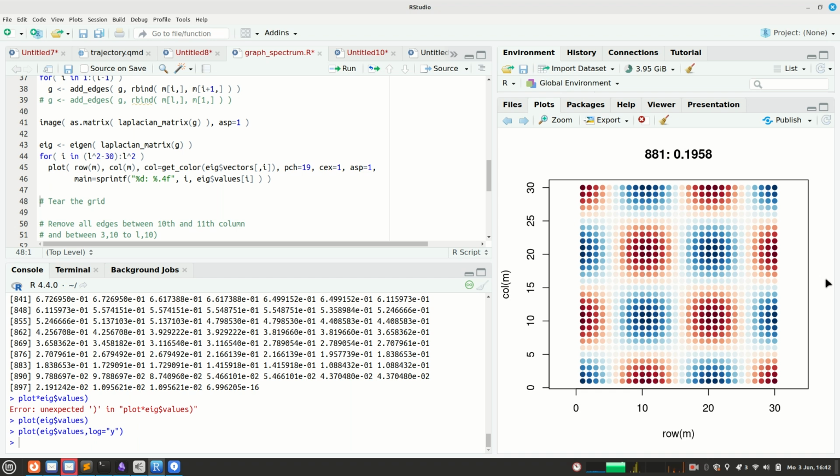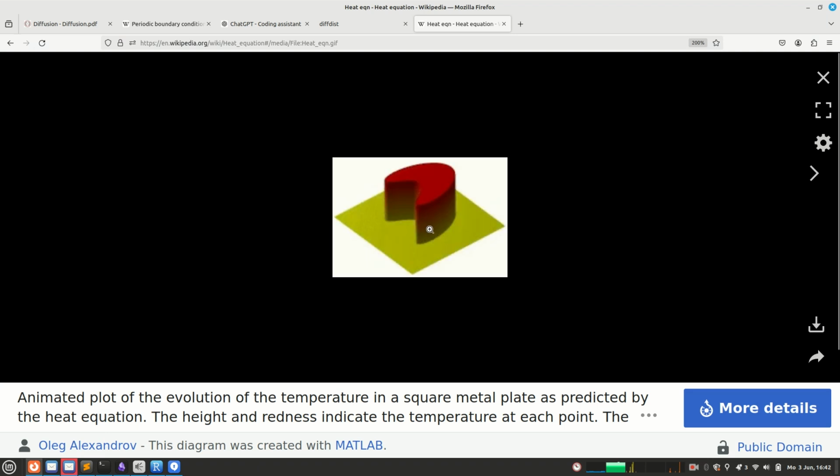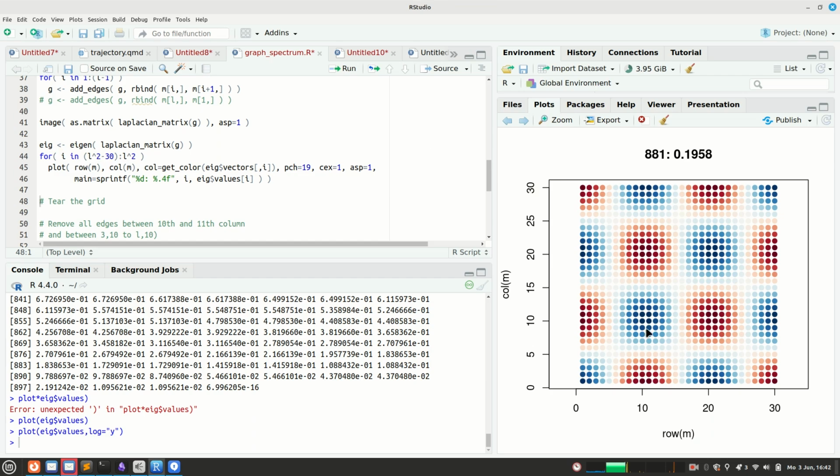For this plate that we had here on Wikipedia, in order to write this, we have to come up with an eigenbasis made of sine and cosine functions exactly of this shape. And we have to set up our initial condition as a suitable combination of these things.